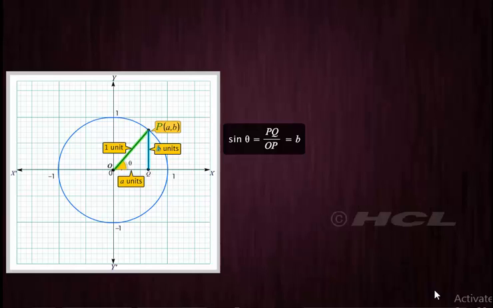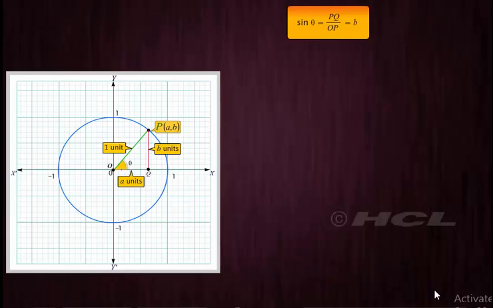In other words, the y-coordinate of point P represents the value of sine theta. Similarly, we know that cos theta is defined as adjacent side over hypotenuse, which implies that cos theta equals OQ, which in this case equals a. That is, the value of the x-coordinate represents the value of cosine theta.